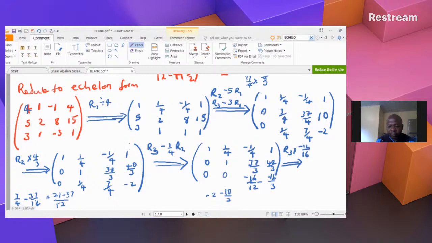So let me create this for how to solve system of linear equations, and we continue that in our next lesson. So I just want to show you. Let me share this.